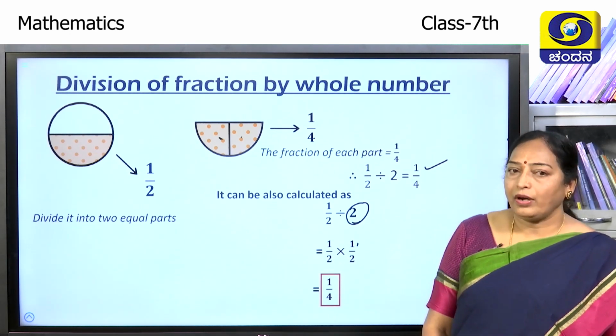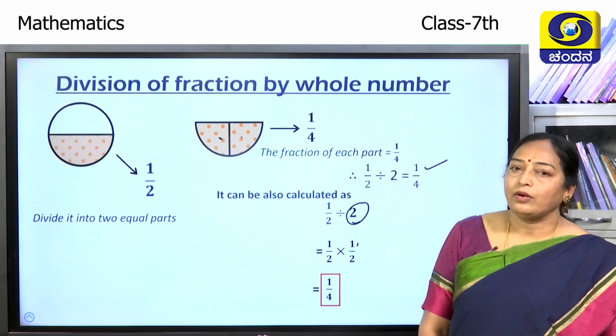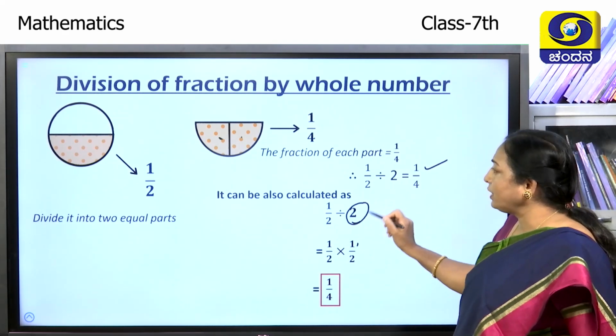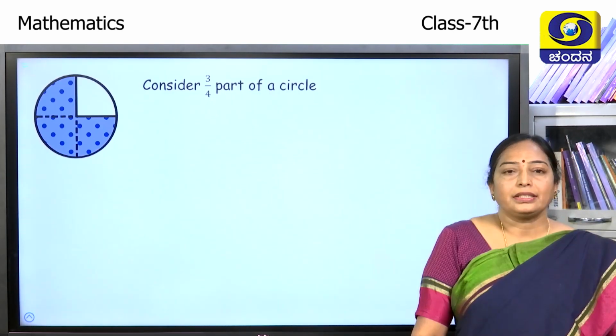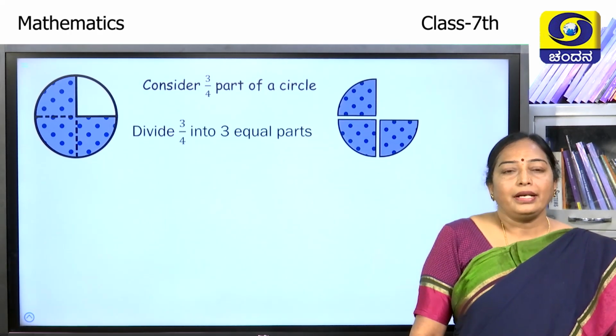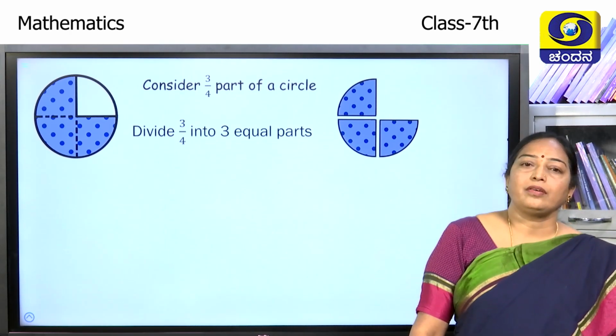Children, I think you understand the method of dividing a fraction by a whole number. Here half is the fraction, 2 is a whole number. Let's consider 3 by 4 part of a circle. Divide 3 by 4 into 3 equal parts. What is the measurement of each part?